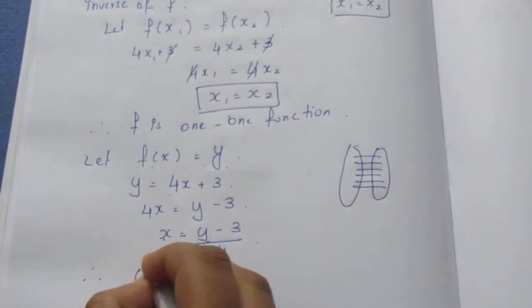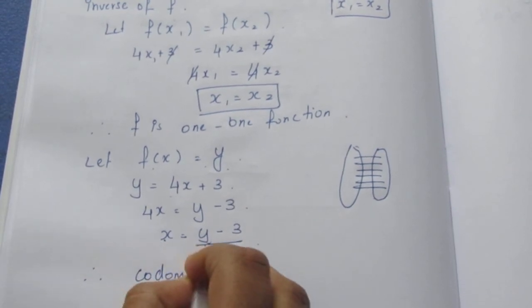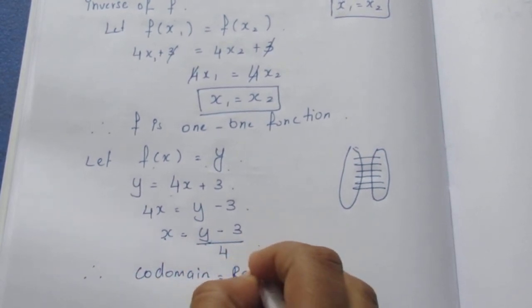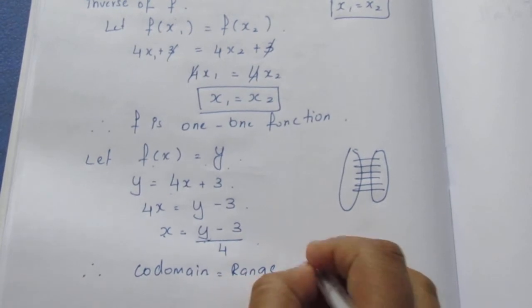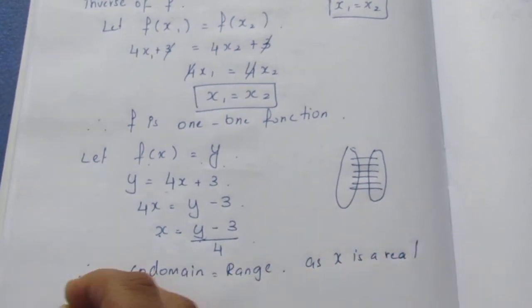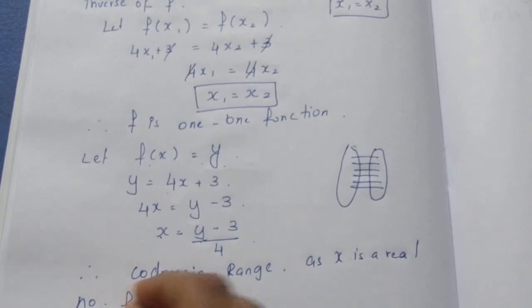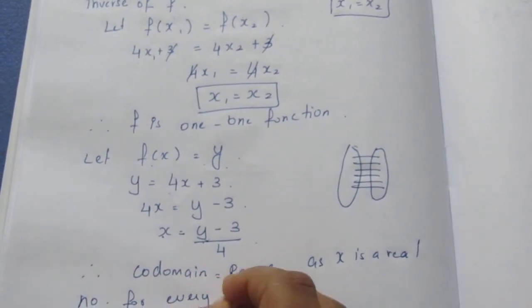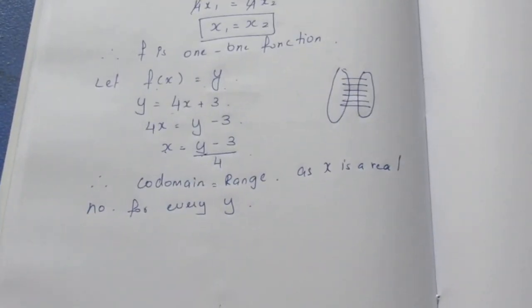Here the codomain is equal to the range. As x is a real number for every y value, because the codomain is the set of real numbers, it can be any value.